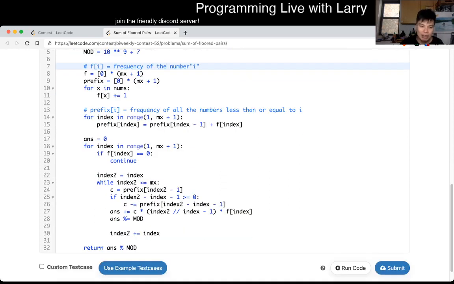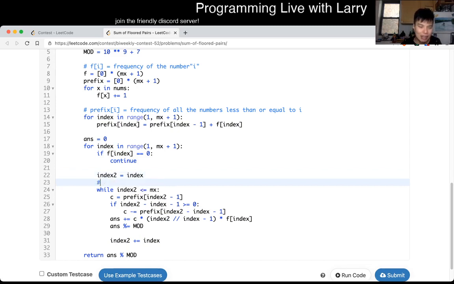Now we process each number. If the number doesn't exist, I skip ahead, since it doesn't change the answer in any case. Let's say this number is 7, so index is equal to 7.